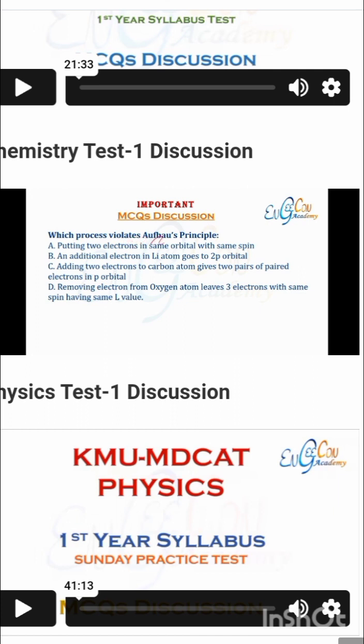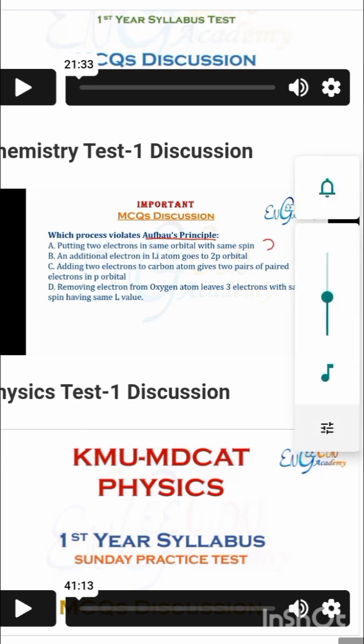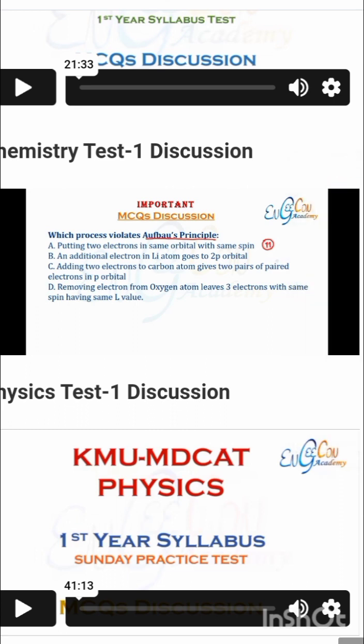Which process violates Aufbau principle? So Aufbau principle states that electrons will be placed in orbitals in increasing order of their energy. Putting 2 electrons in same orbital with same spin. So within the same orbital, if 2 electrons are placed with same spin, this is a violation of Pauli's exclusion principle, not the Aufbau principle. An addition of electron in lithium atom goes to 2p orbital.